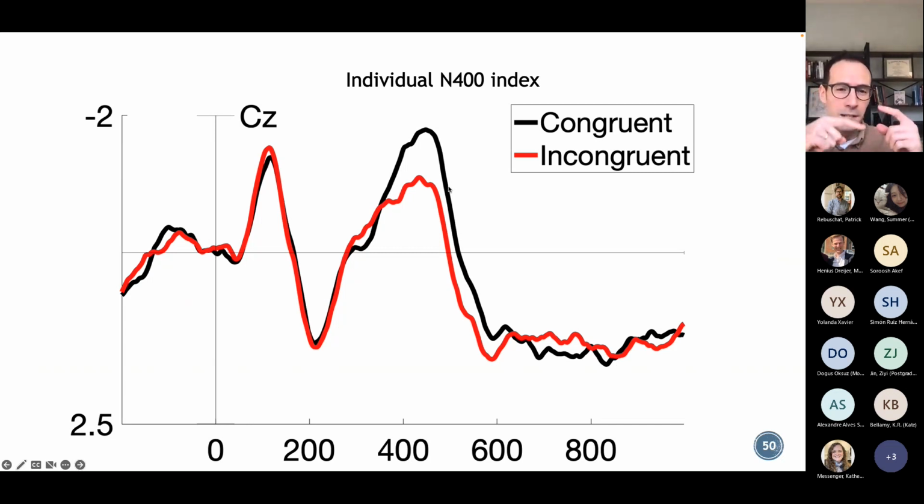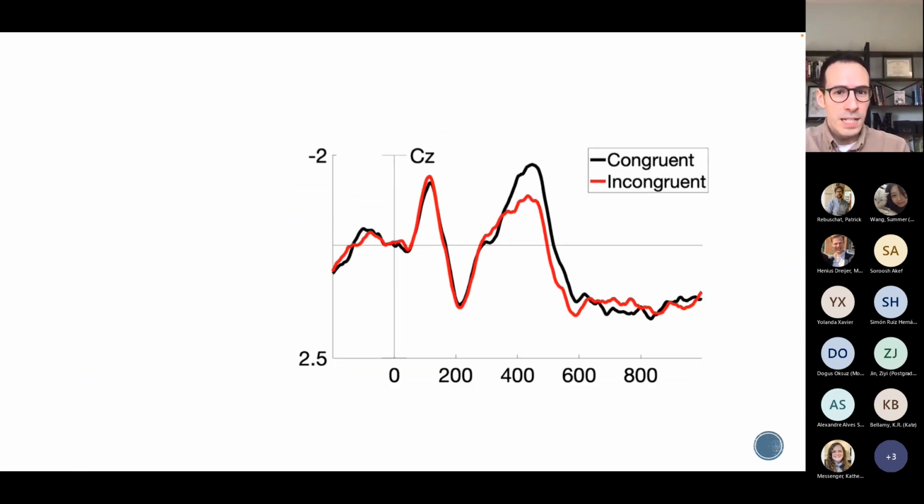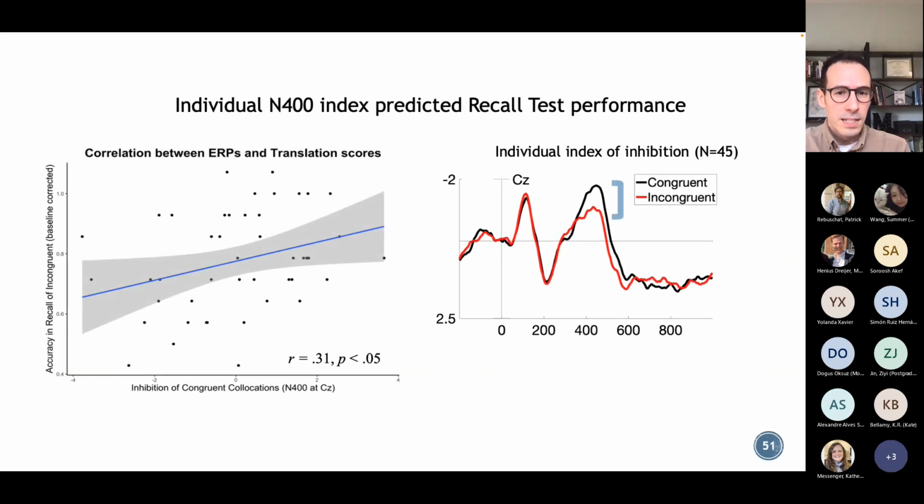What is the direction and the magnitude of the effect for a given individual? And precisely what we found here is a significant correlation between the level of inhibition, such that greater inhibition of the L1 congruent words significantly predicted greater recall in post-tests.